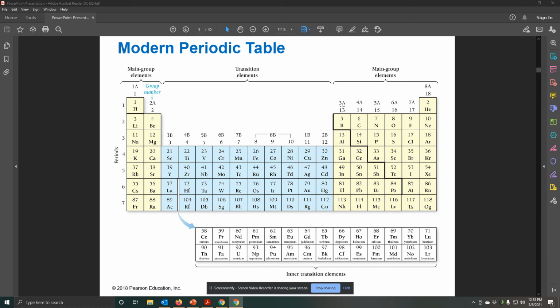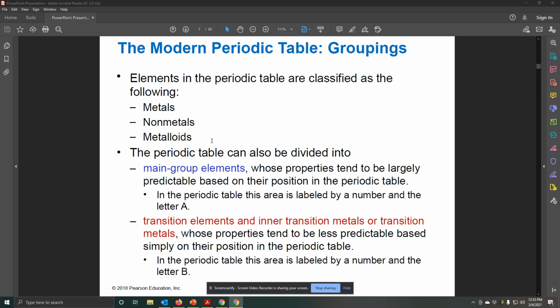You'll see that those are written up here with an A. So we're going to refer to this as group 3. We're not going to look at it in terms of 13. With that being said, we're not going to apply a group number to our transition metals. So this big block, go ahead and label it as transition metals.